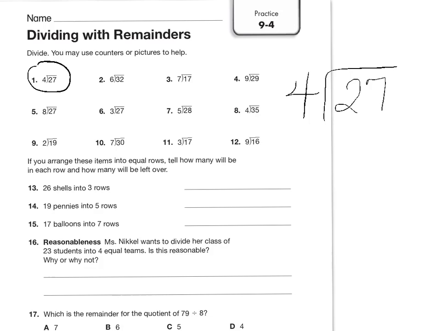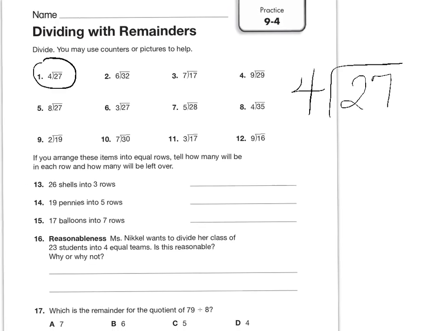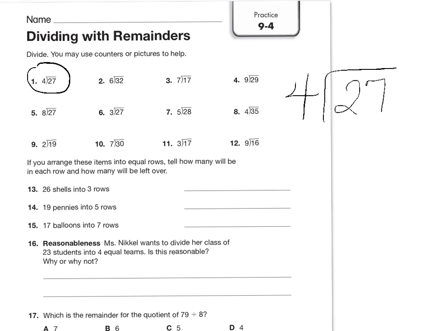Now, with this in mind, we need to look at 4 and ask ourselves, multiples of 4, how can we get close to 27 without going over? Well, in my head, this is what I'm thinking.